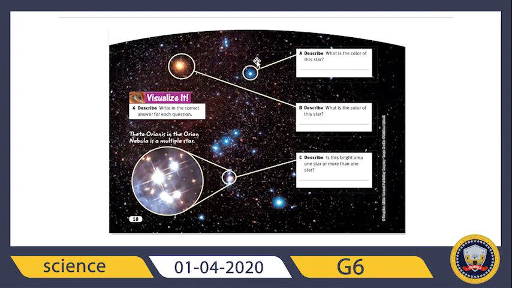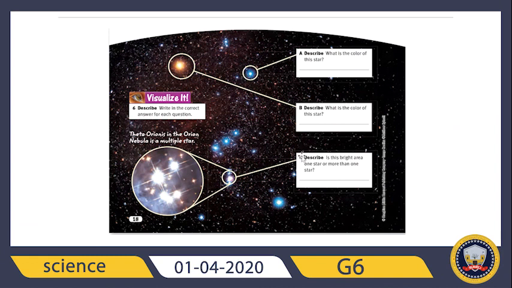As you can see, it has blue color, and as we said, blue color indicates that the star is very hot, right? So for B, what is the color of this star? It has orange or red color, and as we said, the red or yellow or orange color indicates what? A cooler star. So this star is much cooler than this one.